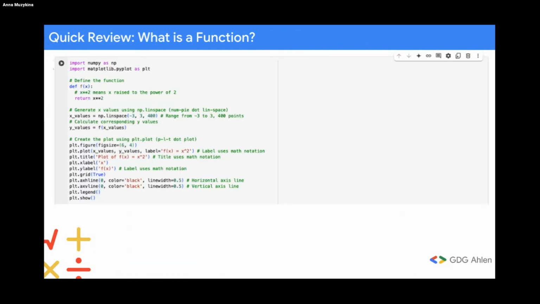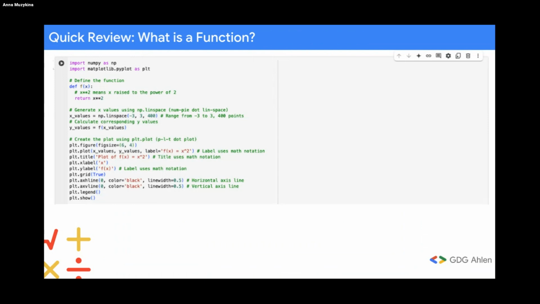For example, here is the basic Python code using NumPy and matplotlib.pyplot imported as plt. We define the function f of x returning x squared, using double asterisk for power.